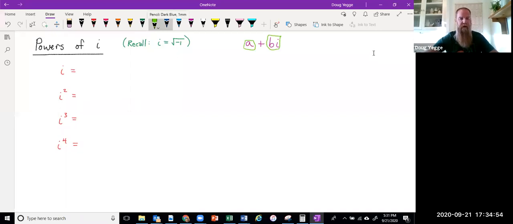Now we already know that i to the first power, well, that's obvious, that's just i. So now we see that i to the first is equal to i. And we also took care of i squared. We should realize that i squared is i times i.